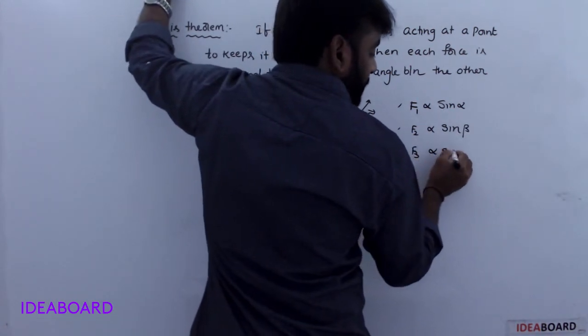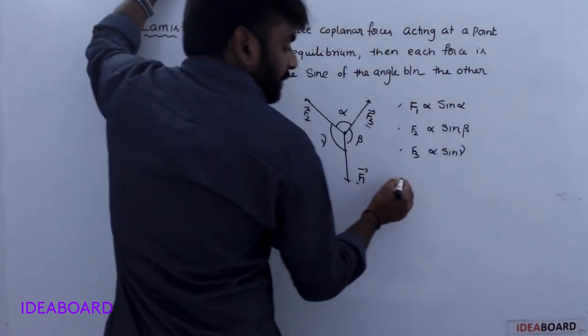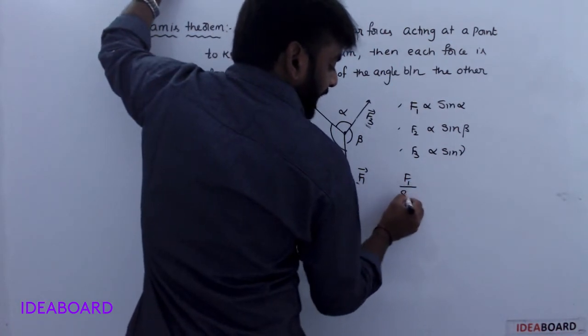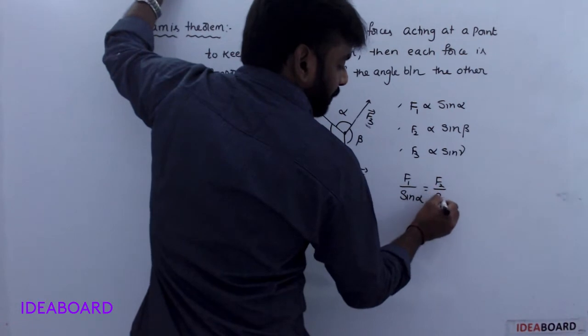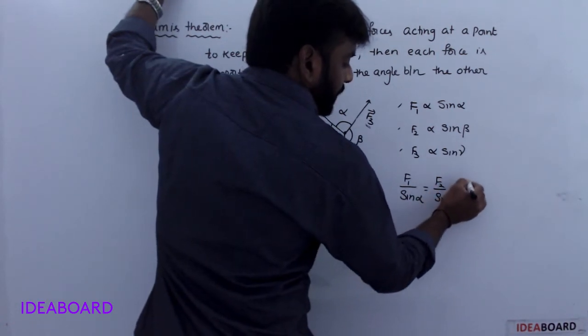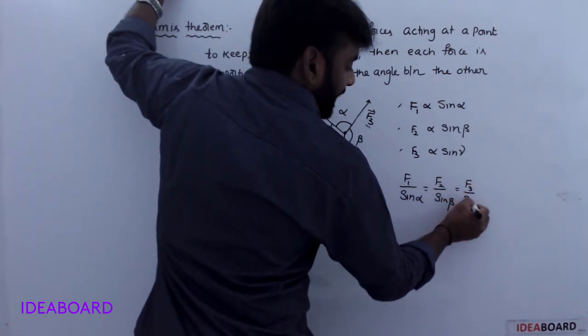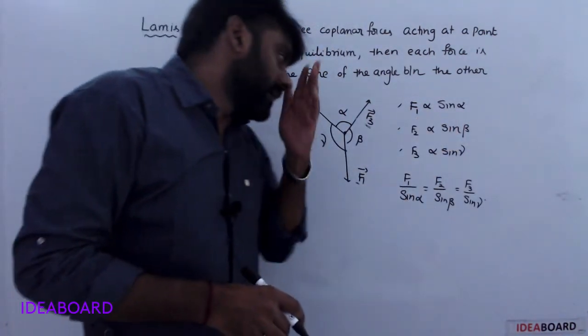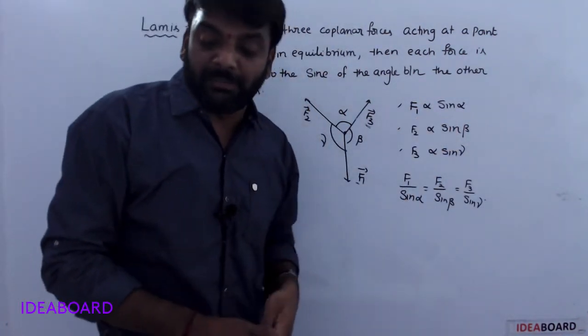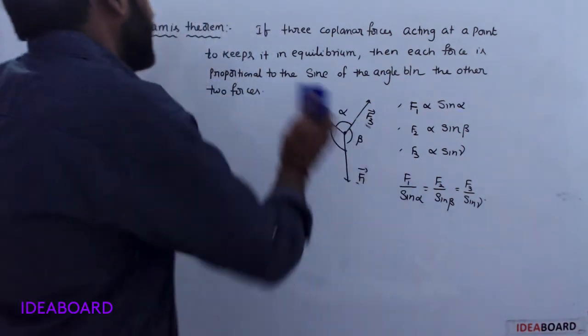F3 is directly proportional to sine gamma. From this you write F1 by sine alpha is equal to F2 by sine beta equal to F3 by sine gamma. Okay.